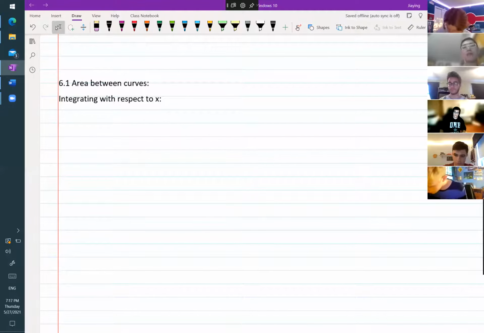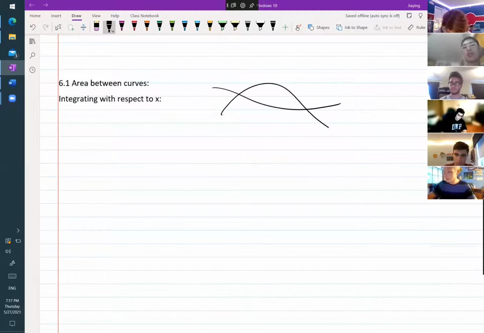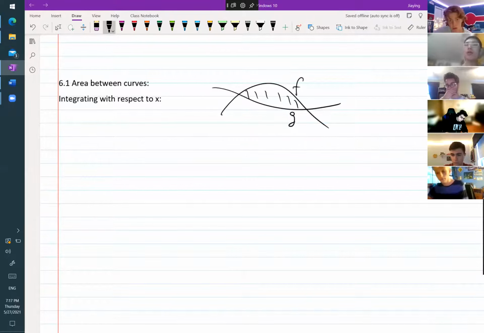You might wonder, why do we even care about area between two curves? For example, if this is a function f, this is a function g, why do we need to know the area between them? Well, in real life, a lot of times we have to calculate the area. We have to know how much the material or how much the cost is, based on the area.